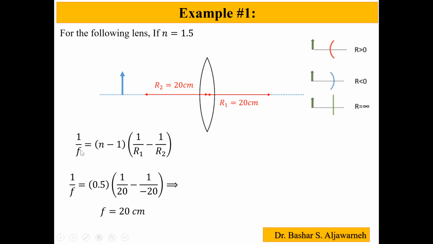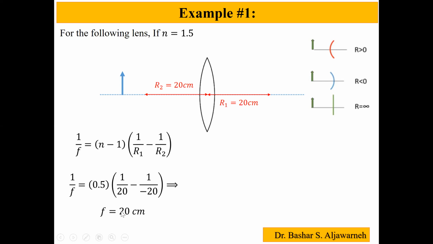Therefore, 1 over focal length will be n minus 1, which is 1.5 minus 1, multiplied by 1 over, so the front here is 20, so 1 over 20 minus 1 over minus 20. Do your calculations, you will end up with focal length positive 20 centimeter.